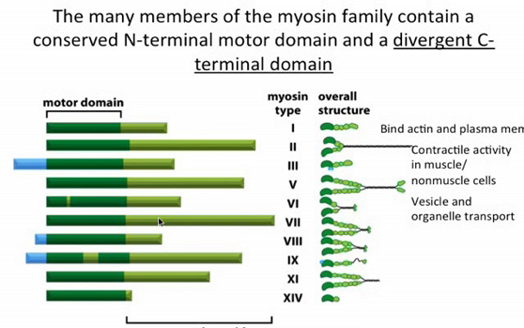There's one here that's involved in vesicle and organelle transport, just to name a few. So I just want you to appreciate the fact that there's a lot of myosins. They all interact with actin because they have a conserved motor domain that interacts with actin, but they're going to do different things based on the cargo that they bind to.